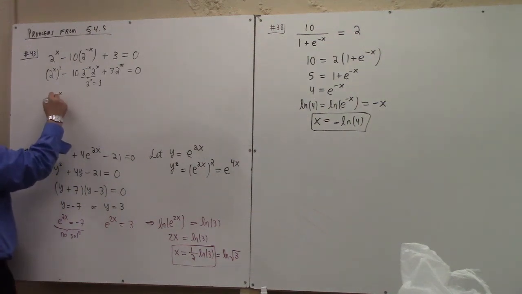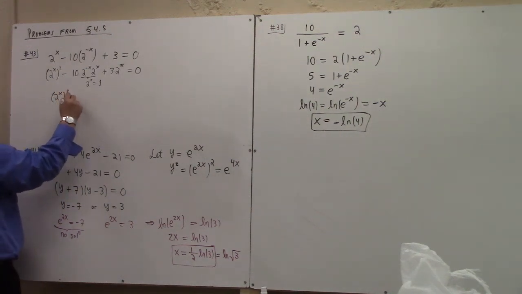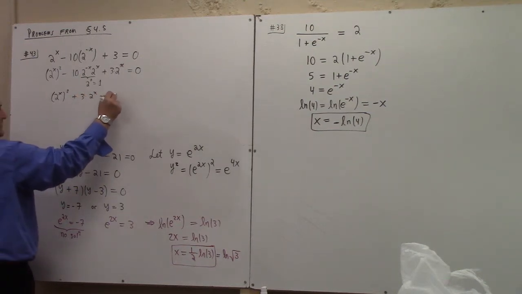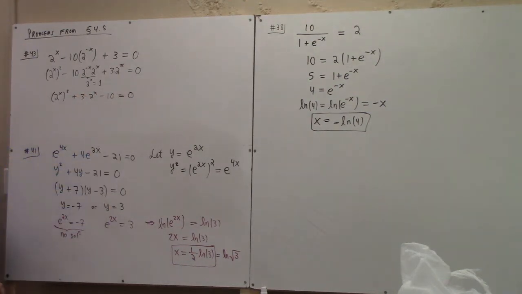We've got 2 to the x quantity squared plus 3 times 2 to the x minus 10 equal to 0, by multiplying the equation by 2 to the x. Now it's a problem like problem number 41 with that little step.